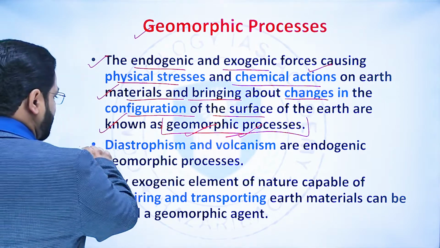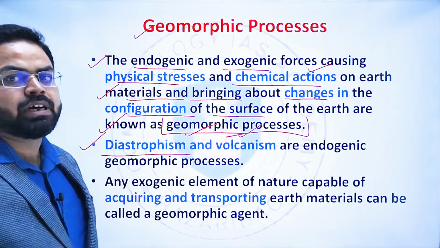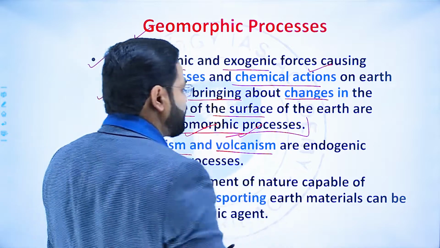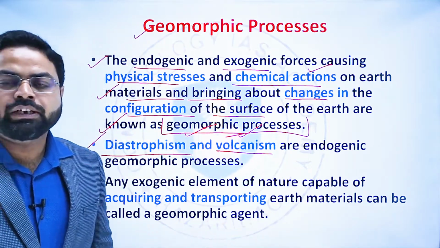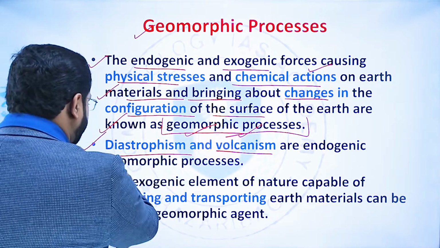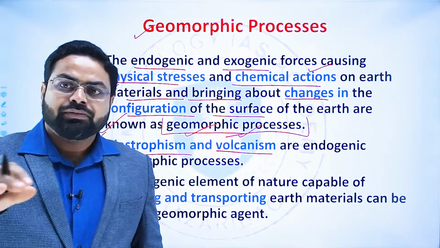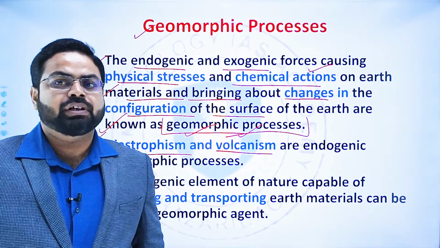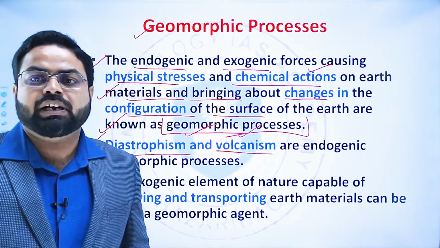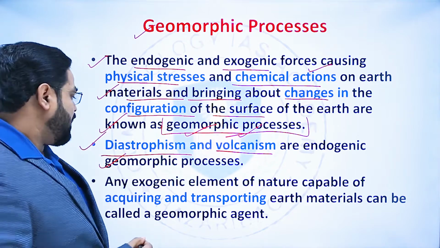And here again, diastrophism and volcanism, as we had seen in earlier videos, are two endogenic processes, endogenic forces, and these mainly cause the elevation of the physical features of the surface of the earth. They are creative forces; they create new physical features and elevate them on the surface of the earth.